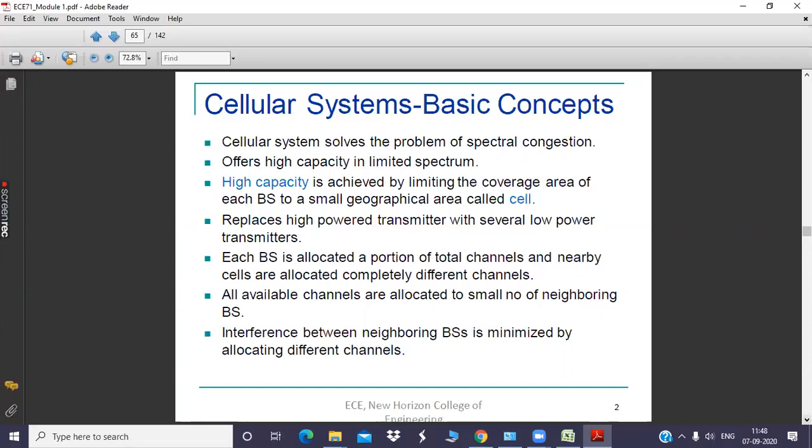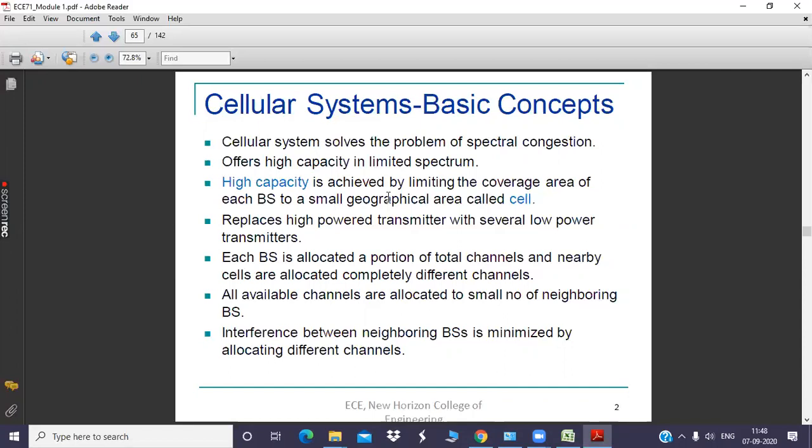The main idea behind the cellular system is to increase the capacity in spite of the available limited spectrum. We are having a limited spectrum. In spite of that, we are trying to offer universal connectivity to all the available subscribers by offering high capacity.